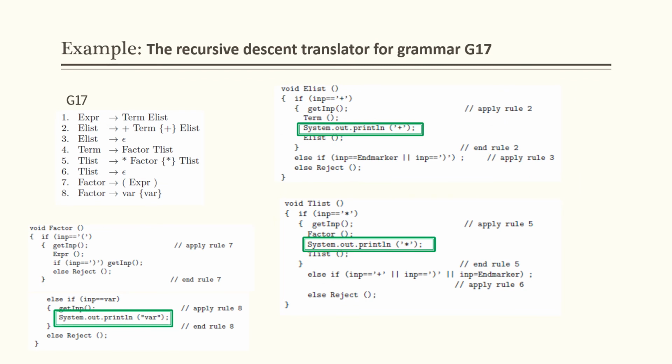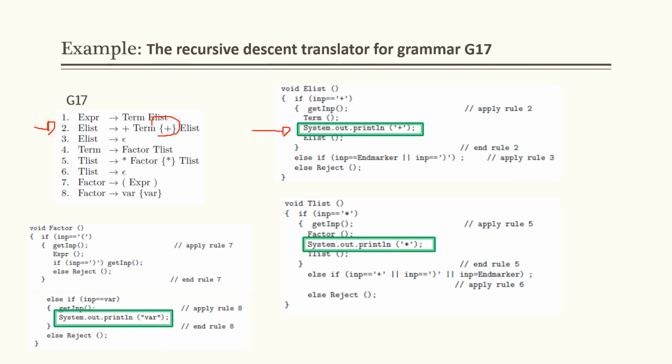Now this is for G17. How are we going to write the recursive descent translator for G17? In the second rule here, we have the action symbol plus, so we just add the code System.out.println plus.